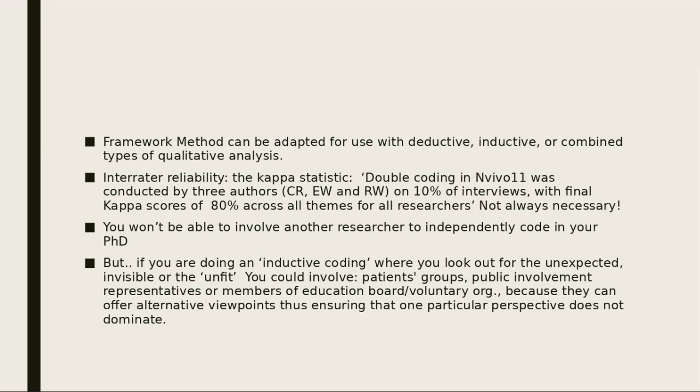I put there a quotation from a paper saying double coding in NVivo 11 was conducted by 3 authors, and then you have the acronyms of the names, on 10% of interviews, with a final Kappa score of 80% across all themes for all researchers.